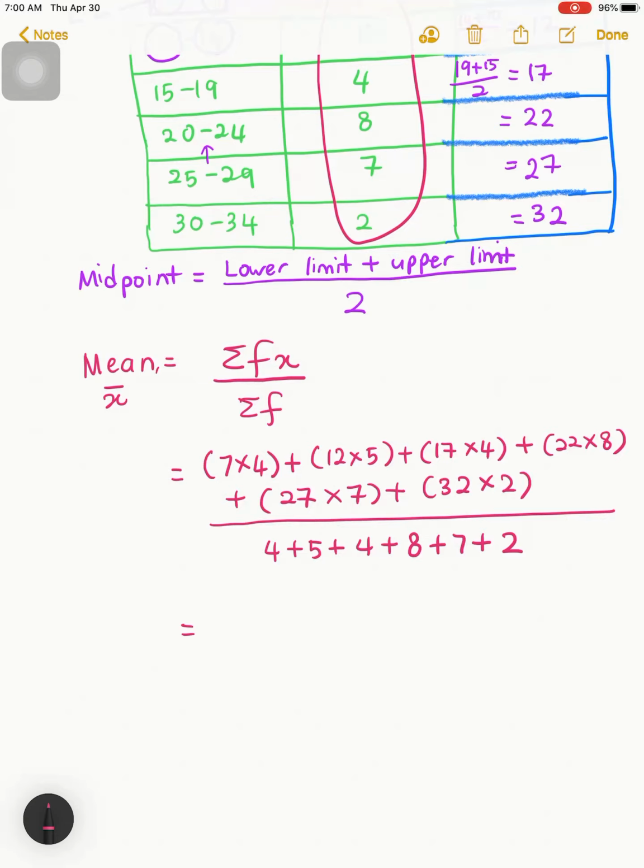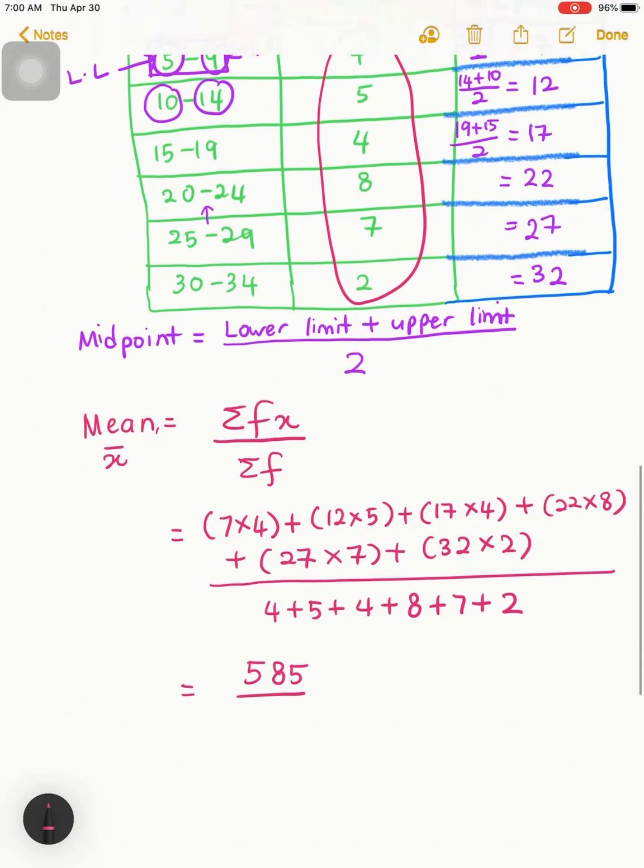Let's do this together. You just need some time to find the answer, so I'll give you some time. Just press everything and put it inside your calculator, and make sure you have all the brackets so that you will not get confused.